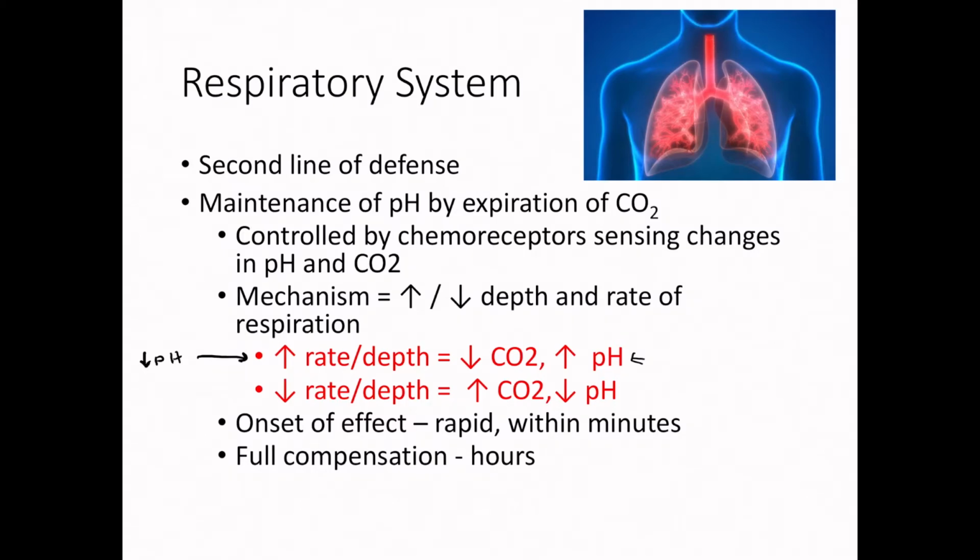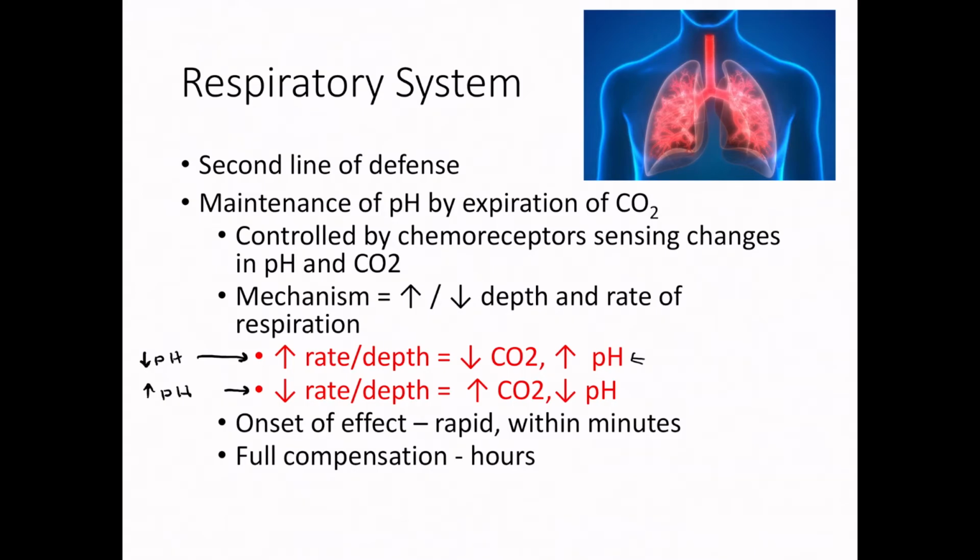Now, if your pH is high, our body's compensatory mechanism is going to be decreasing the rate and depth of respirations. Meaning you're going to try to trap all that extra CO2 in your body so that it's going to create a more acidic environment.